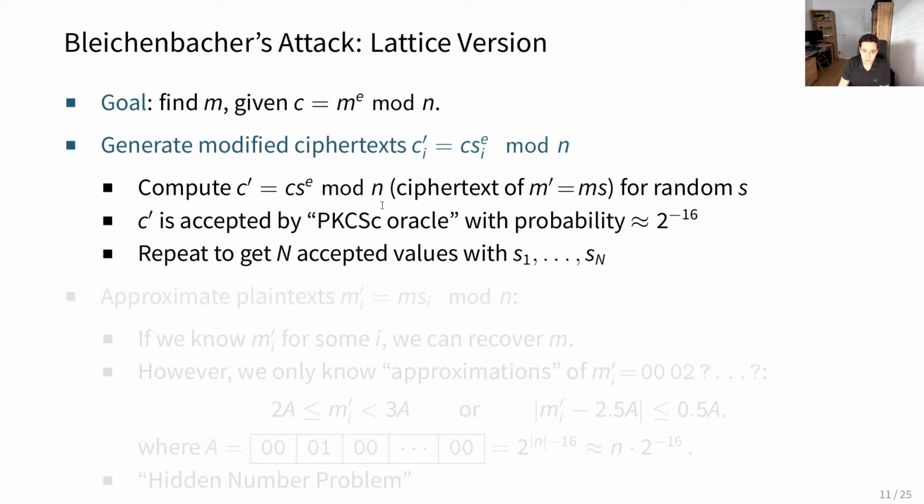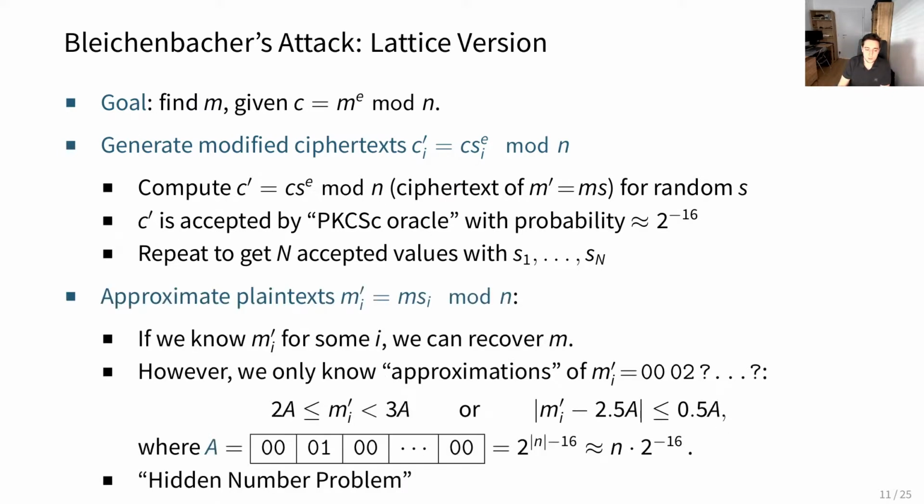So this is this step here. And it turns out that if we collect these values, this is very similar to the so-called hidden number problem, where we know some bits of a number, some initial bits for instance, but we don't know the rest, and the hidden number will then be our m. So this is very similar to that.